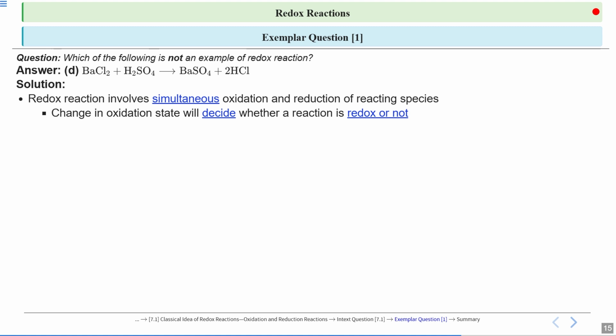That means for the elements that are present in reactant and also in the product, if a change in oxidation state has taken place for them, then that would directly relate it with the redox reaction. As we have already understood, if there is an increase in the oxidation number, that would be related with oxidation, and if there is a decrease in the oxidation number, that would be related with the reduction.